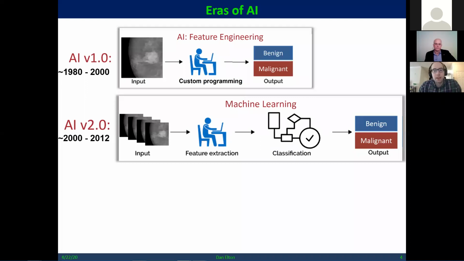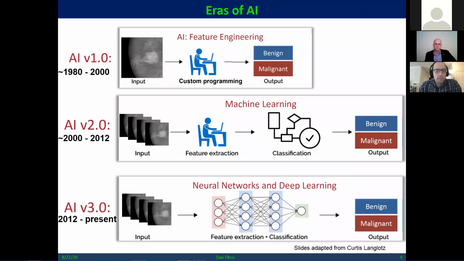Then if we advance the slide a bit further, more recently we have AI 3.0, which is deep learning. I'm guessing a lot of you have probably heard of deep learning. It's been a bit of a buzzword.